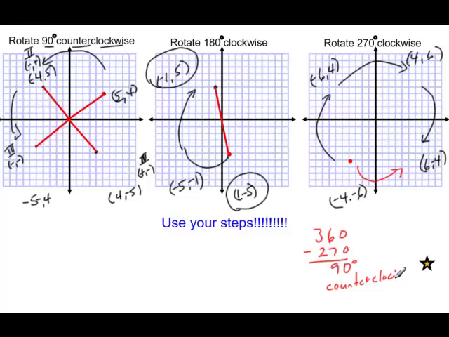So I can use the idea of the whole circle to figure out another way to do that. And then if I do one rotation, 90 degrees, it means I switch the 4 and the 6 to 6 and 4. And then since we're in quadrant 4, I know it's positive, negative. So over 6, down 4. All right? Not too bad.